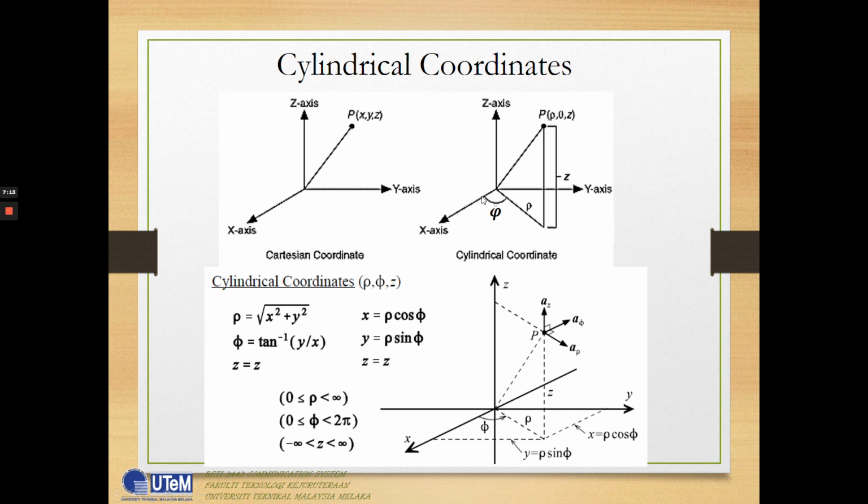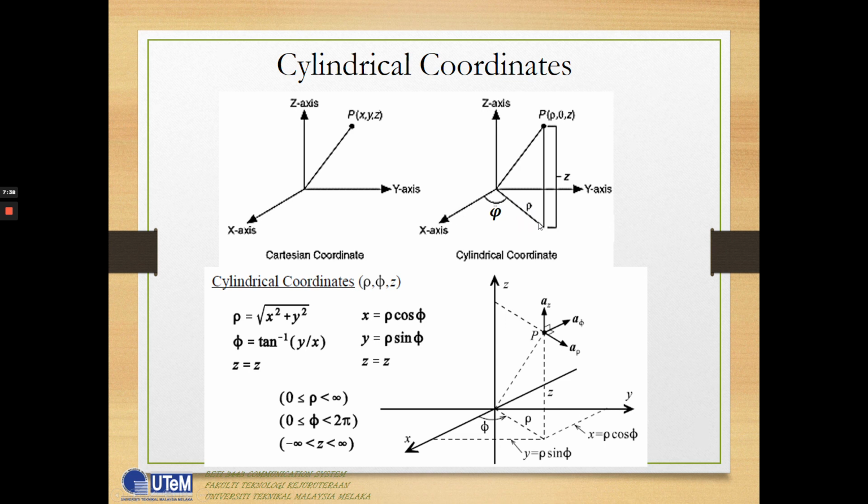Let's say we have a distance here, rho, and that distance has an angle with the x axis, phi. So we get this first, and then this much rho value we bring like this, to a rho distance at angle phi.